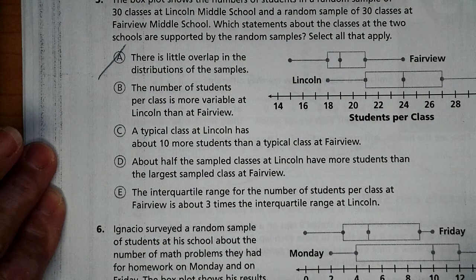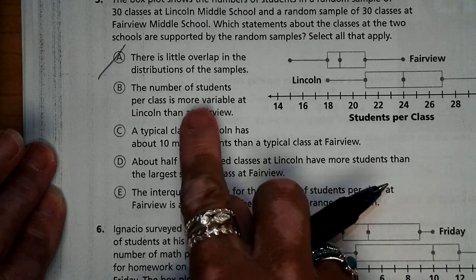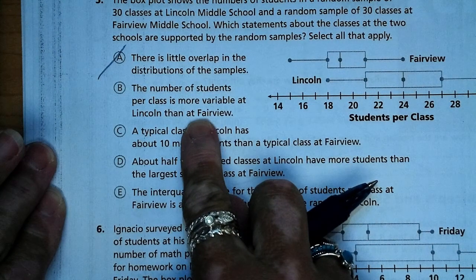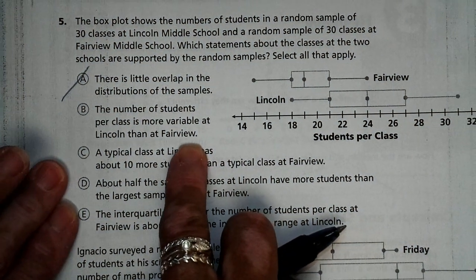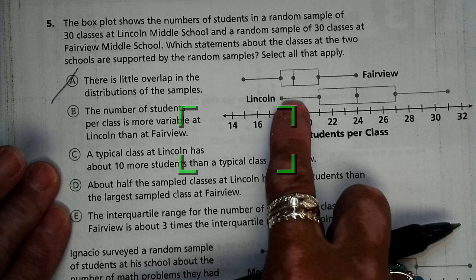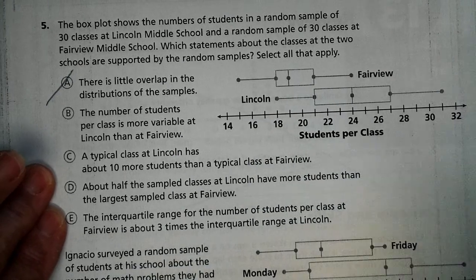The number of students per class is more variable at Lincoln than Fairview. So as you can see, this is 18 to 31.